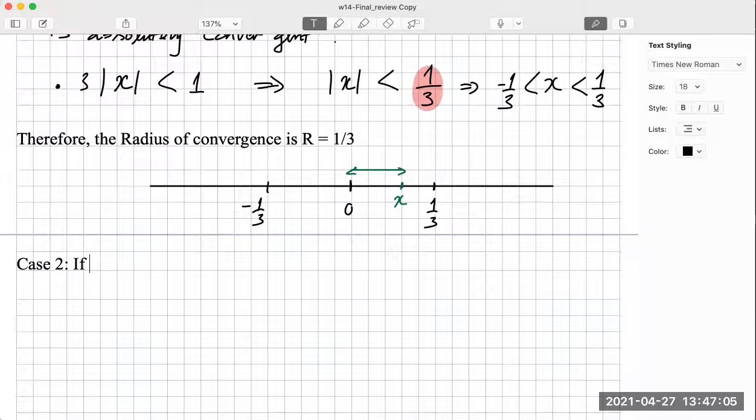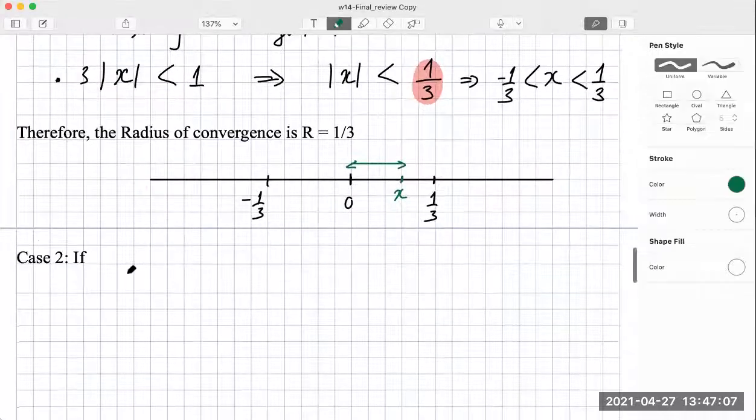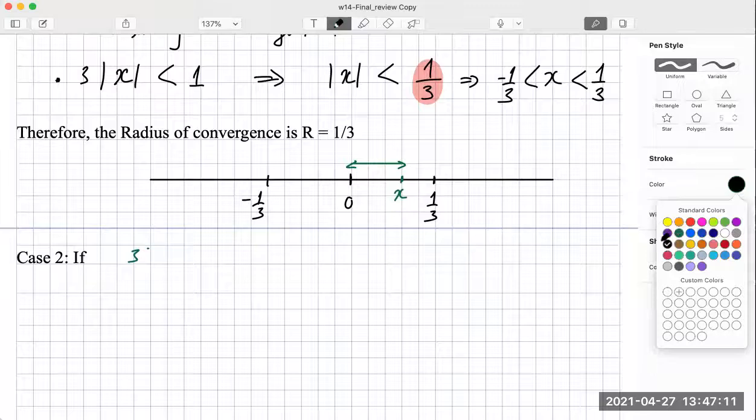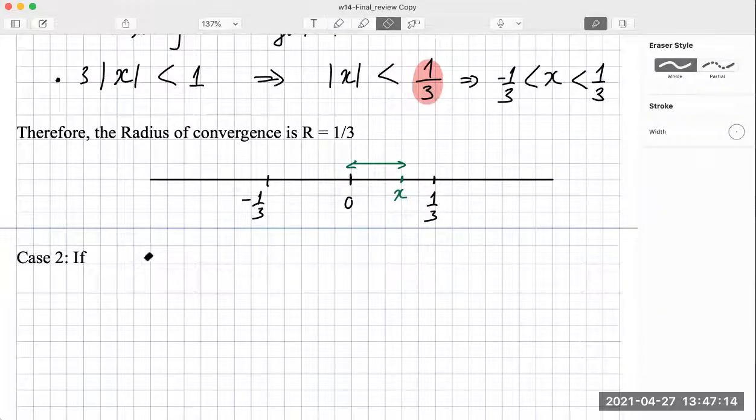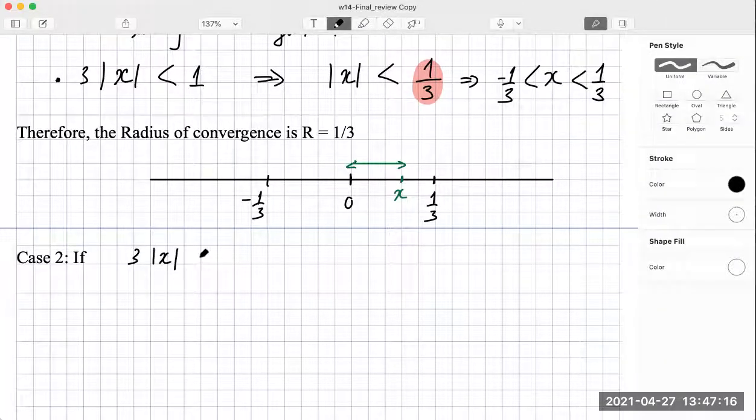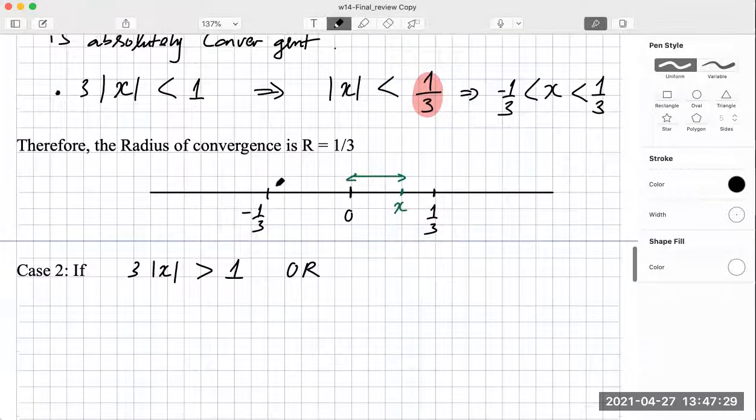If the absolute value of x is larger than 1, or we can observe this one when we do some algebra, we can observe it easily when x will be smaller than -1/3, right?